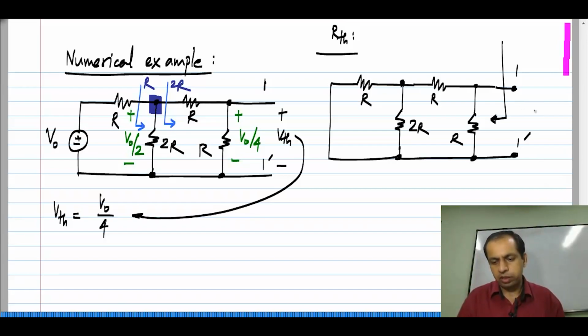Now, I have to look back and calculate the resistance. I can apply a test voltage and find the current, but in this case it is a simple combination of resistors, so it is quite easy to do.